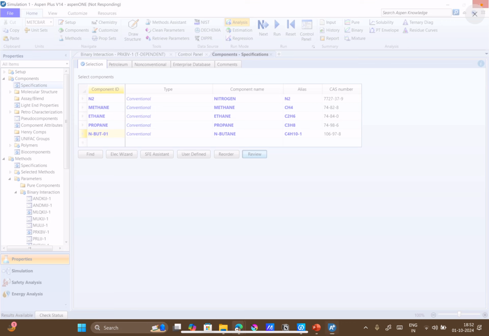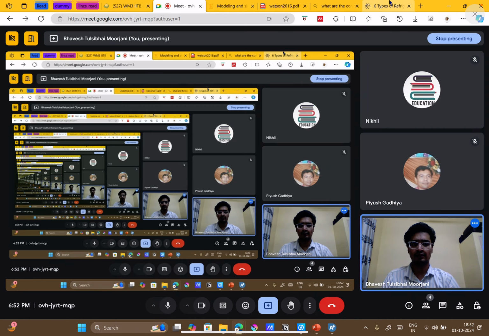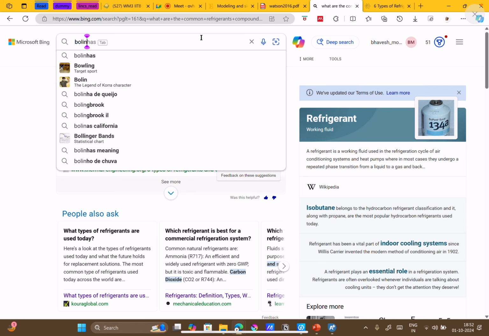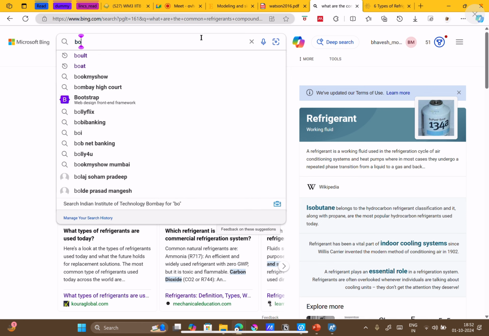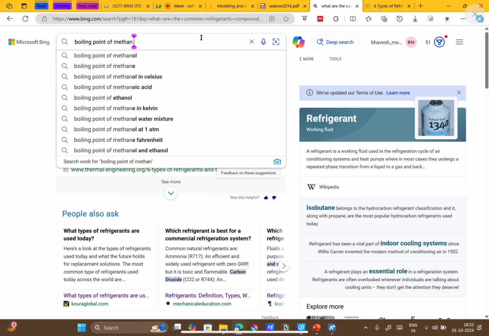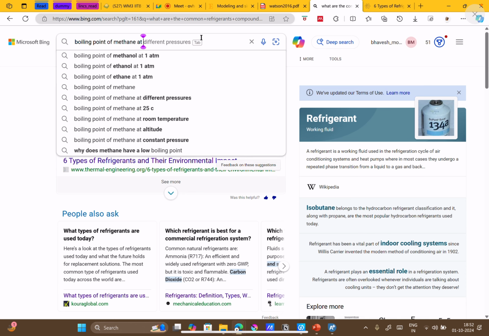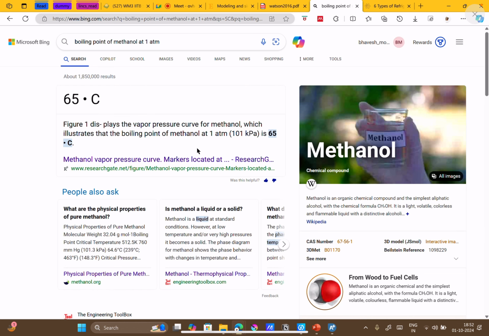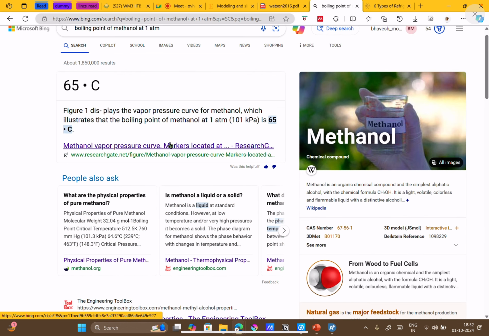It's taking time. Let's search here only. Boiling point of methane at 1 atmosphere.